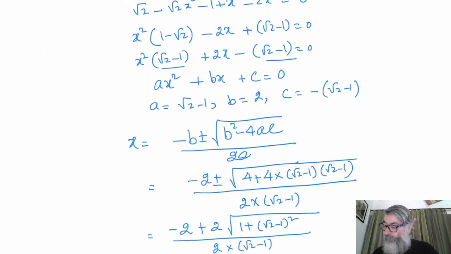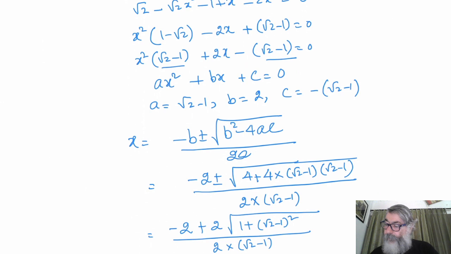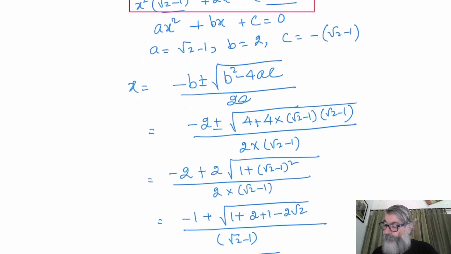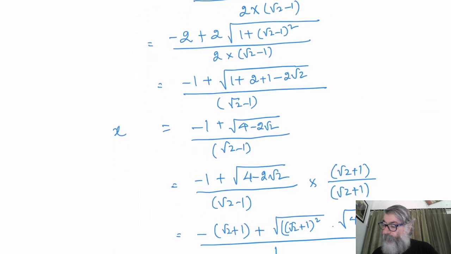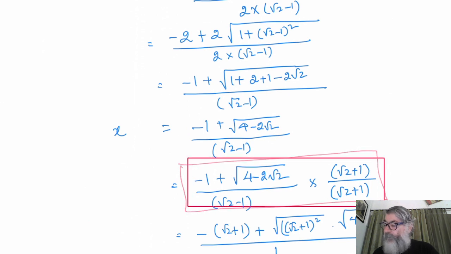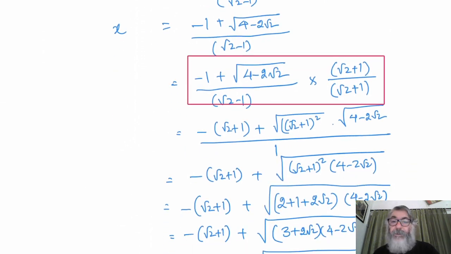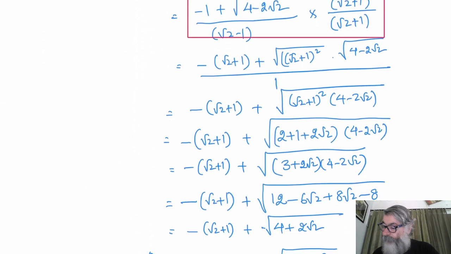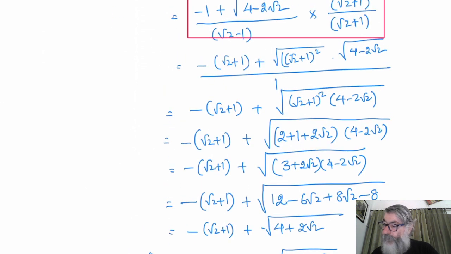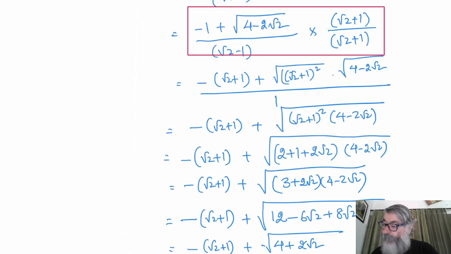Then this step is also important, where we change. This is important. This step is important. Then this step is important, where we have multiplied numerator and denominator by root 2 plus 1 to remove the denominator completely. Then this step is necessary, where we have changed it to this form. This is important.